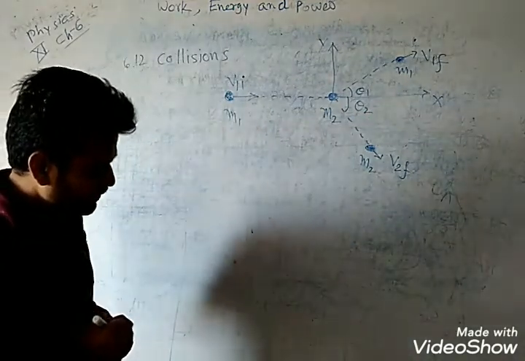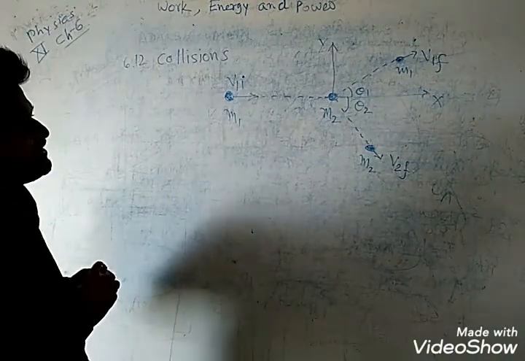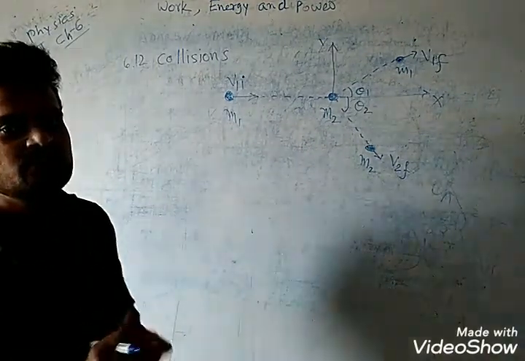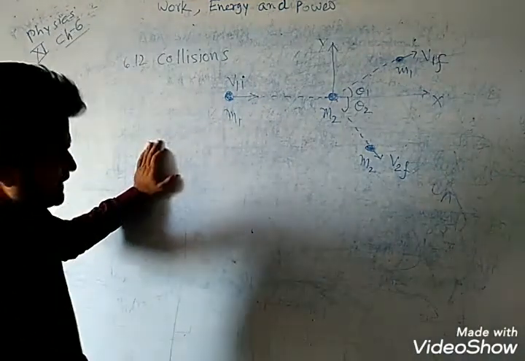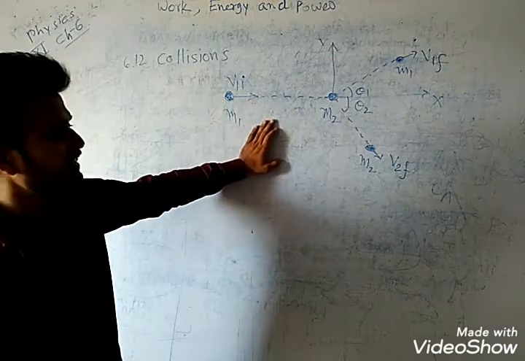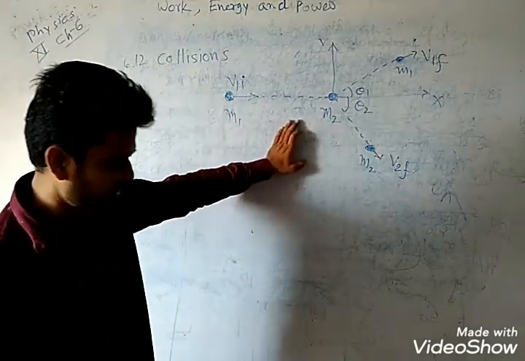Now 6.12.1, elastic collision and inelastic collision. In all collisions, the total linear momentum is always conserved.